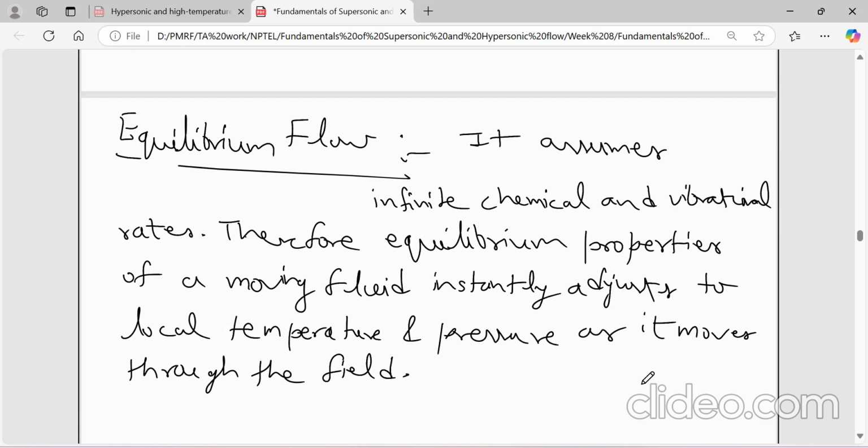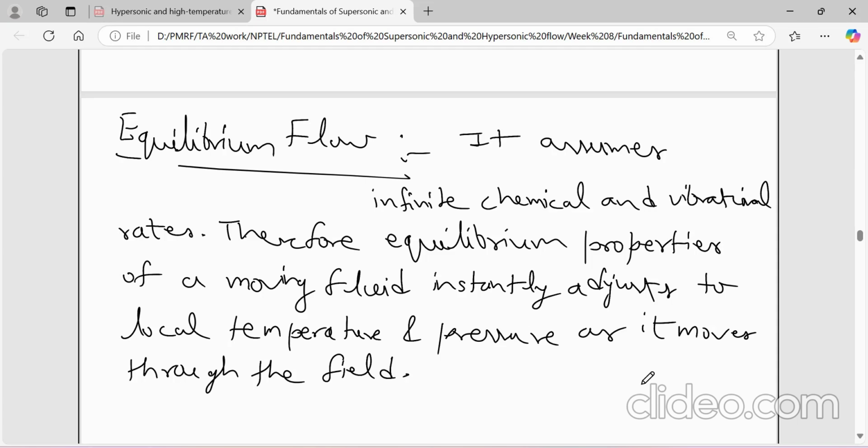Now we'll see what is equilibrium flow and frozen flow. After it we will see one more problem related to it. So what happens in equilibrium flow? In equilibrium flow, there is no change in chemical composition and there is no change in any flow properties also.